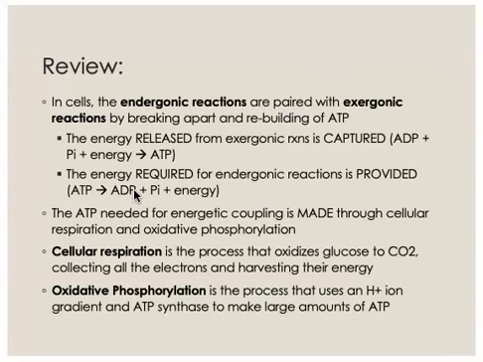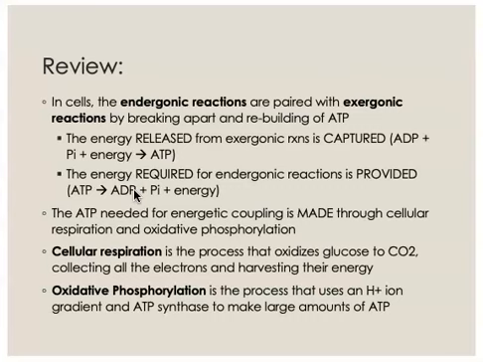And when we talk about oxidative phosphorylation, we're talking about a process that uses a hydrogen ion gradient and a very important molecule called ATP synthase to make large quantities of ATP for use in the cell.